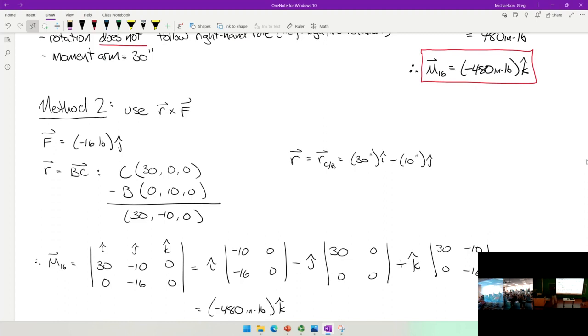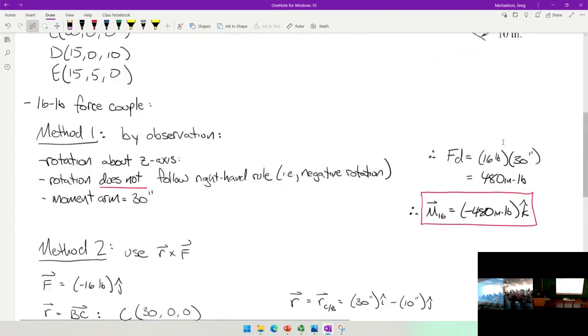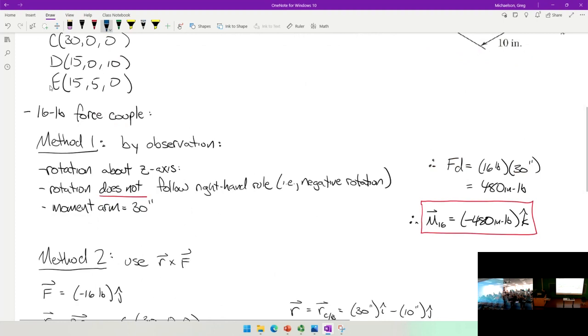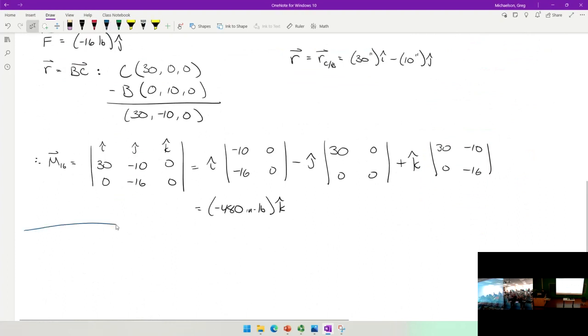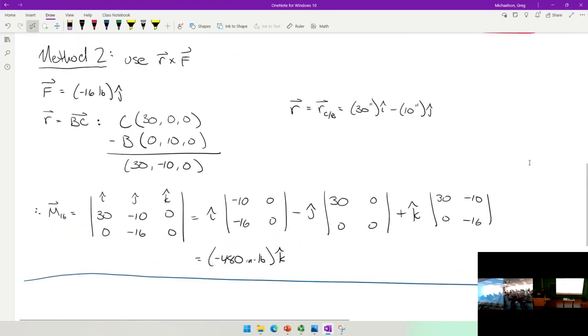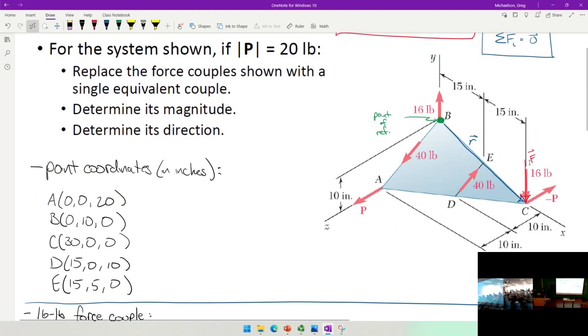Okay. All right, so let me organize my calculations a little bit, just so that's kind of partitioned. Okay, now let's scroll back up to this. I'm going to erase my little scratch calcs right here, just so this is kind of clear.